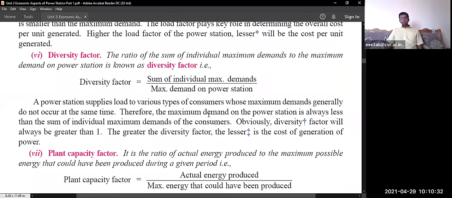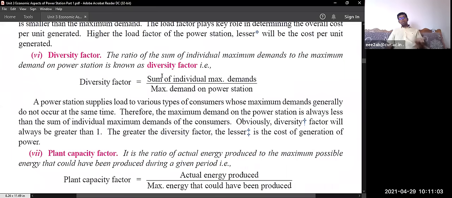Therefore, the maximum demand on the power station is always less than the sum of the individual maximum demands of the consumers. For example, in my home, from 9 o'clock to 12 noon, it might be a somewhat lesser kilowatt hour, like 0.5. Somebody owns 1, somebody 2, 3, like that.